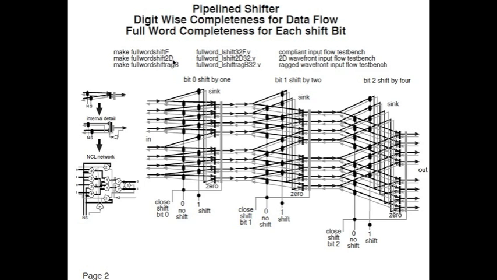So that it doesn't change the numbers going into the shifter so that the test bench still works, but it creates a 2D pipeline flow presented into the shifter. The ragged flow, we inserted a 32-bit adder before the shifter. And the adder had variable carry chains, which presented a ragged wavefront output into the shifter.